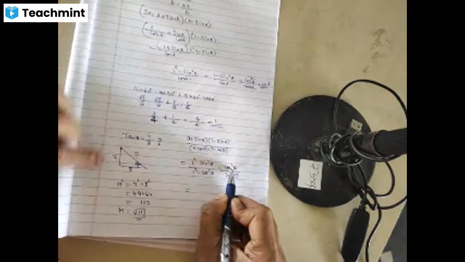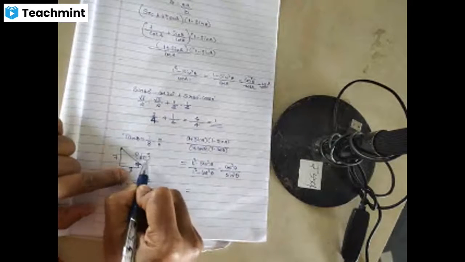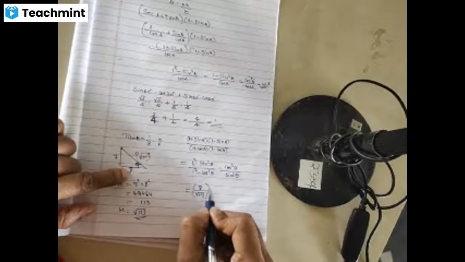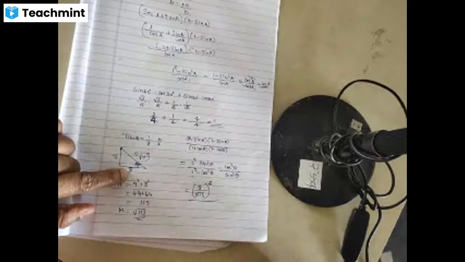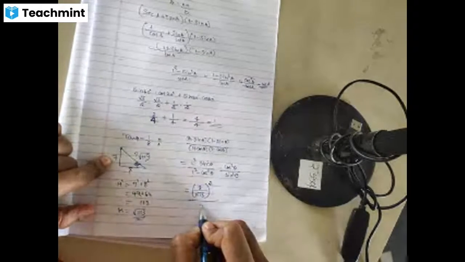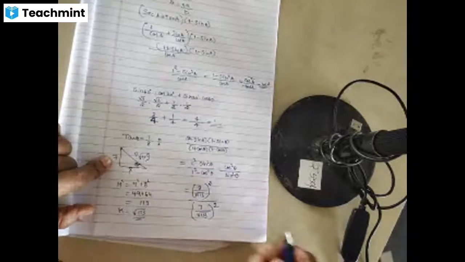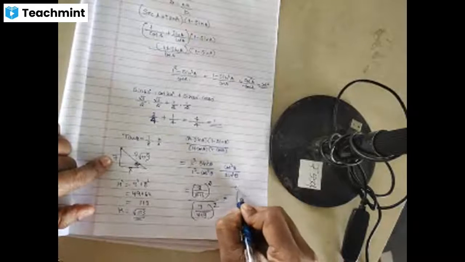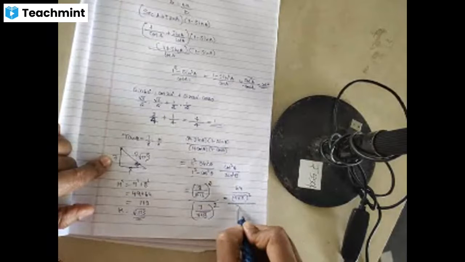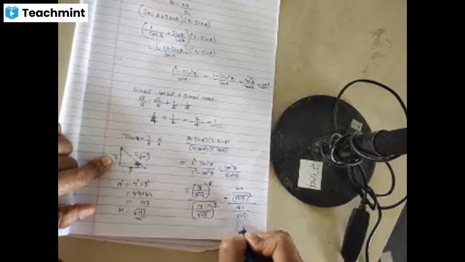Okay. Cos square theta is what now? Cos theta means adjacent by hypotenuse, 8 by root 113 the whole square, divided by sin square theta, opposite by hypotenuse. So 8 square is 64, root of 113 square, divided by 7 square is 49, root of 113 the whole square.